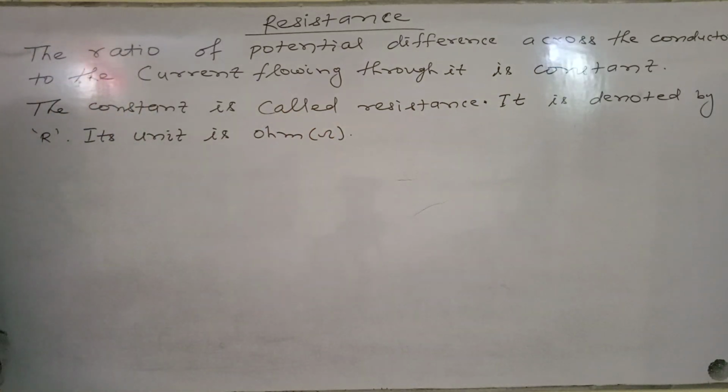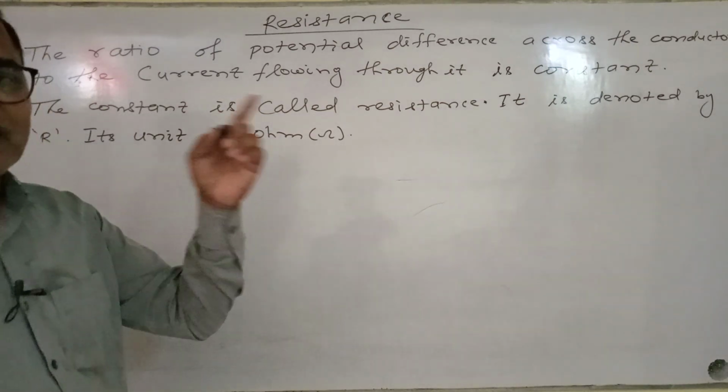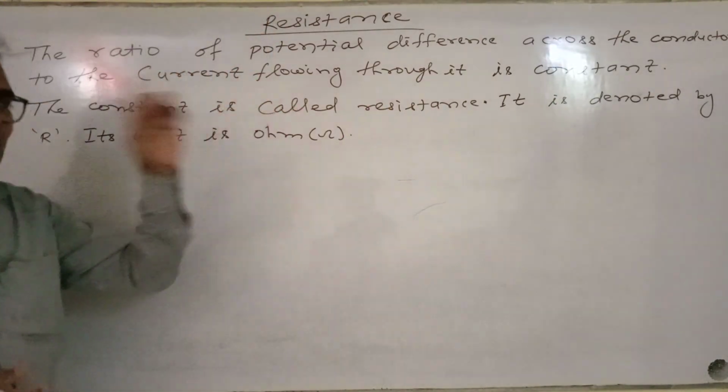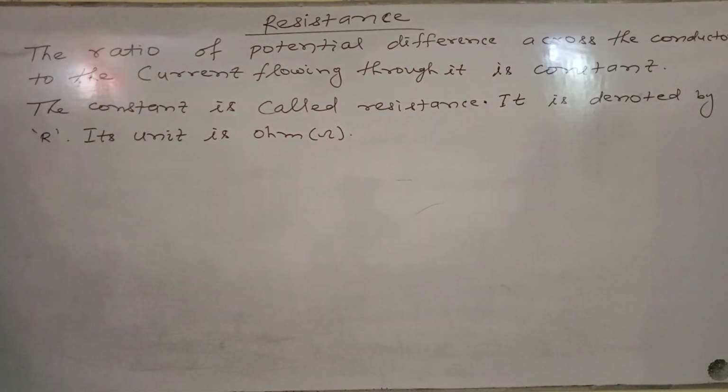Now repeat the definition. The ratio of potential difference across the conductor to the current flowing through it is constant. The constant is called resistance. It is denoted by R. Its unit is ohm.